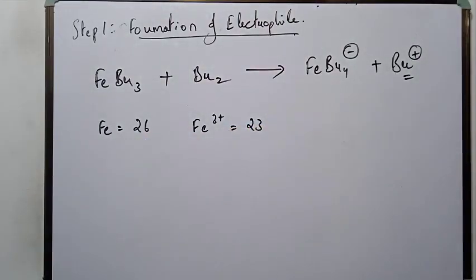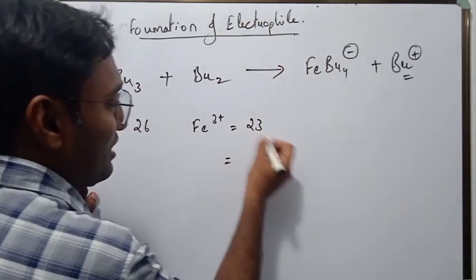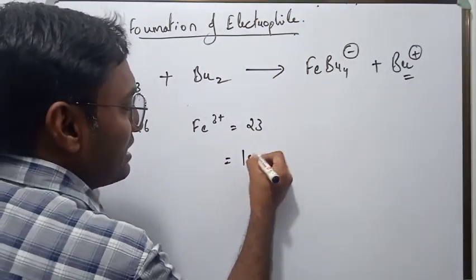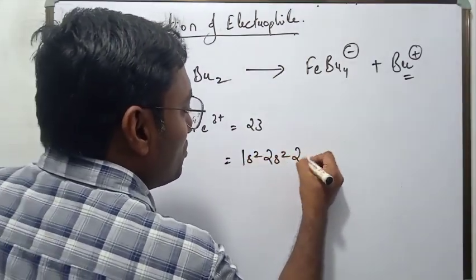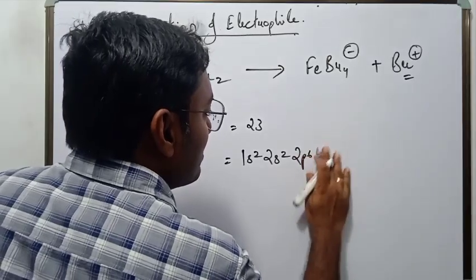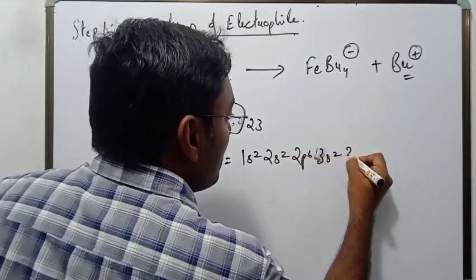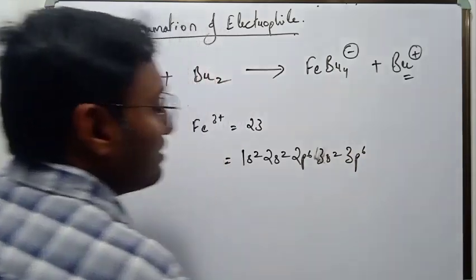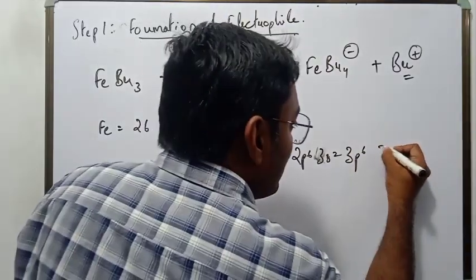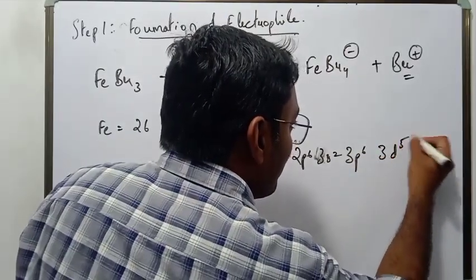So let us now go for the electronic configuration of Fe3 plus. That would be 1s2, 2s2, 2p6, 3s2, 3p6, and 3d5.